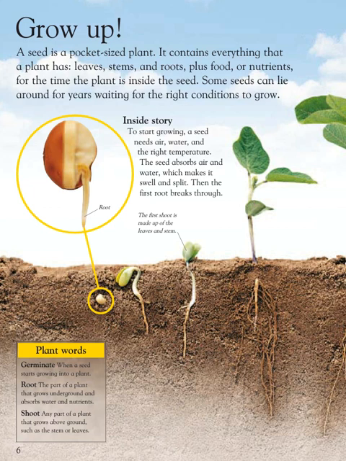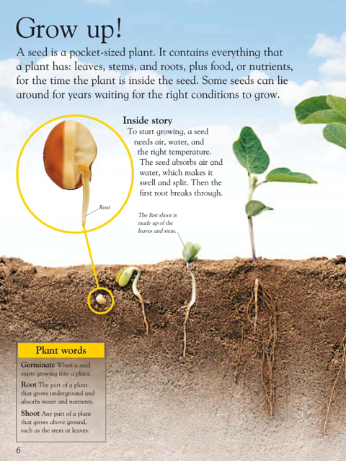You see the seeds on this page? So grow up. A seed is a pocket-sized plant. It contains everything that a plant has: leaves, stems, and roots, plus food or nutrients for the time the plant is inside the seed.